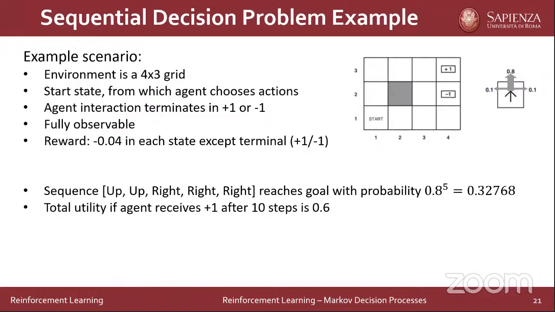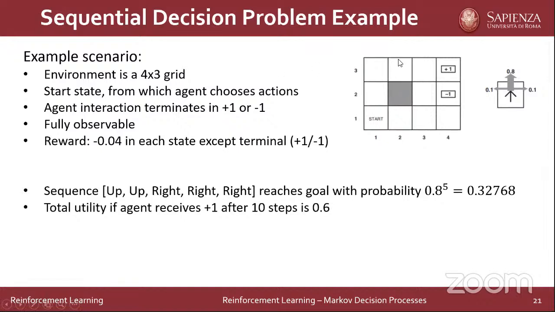So let's look at one example. This will be our first Markov decision process, where we have this transition function. If you take a certain action of going left, up, or right, in any case, you will end up in the correct state with probability 0.8, and in the wrong one with probability 0.1.